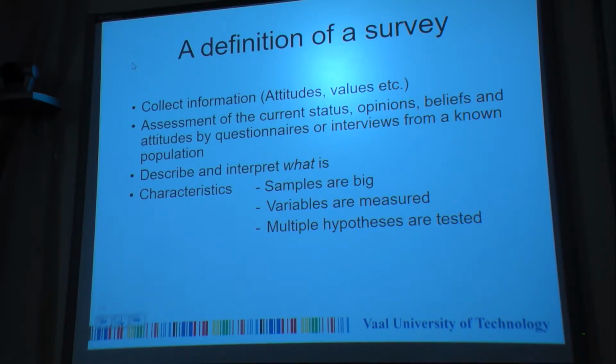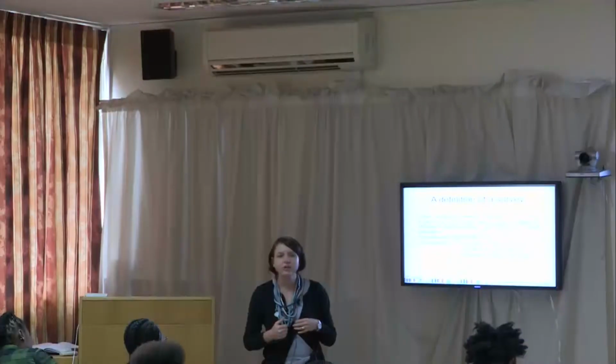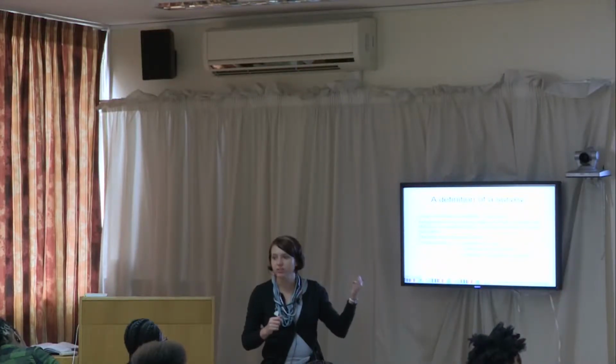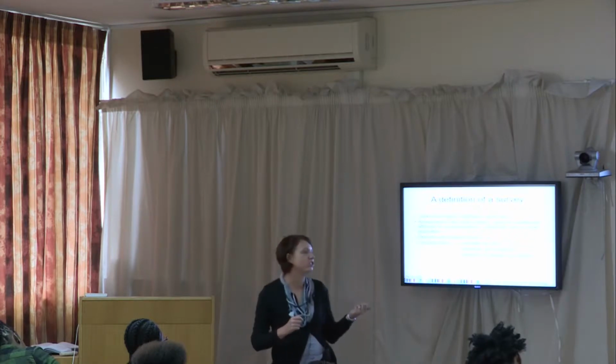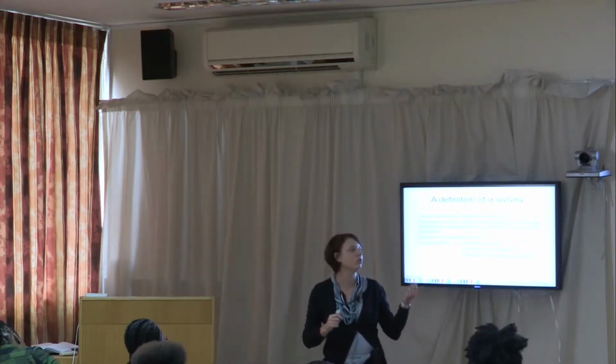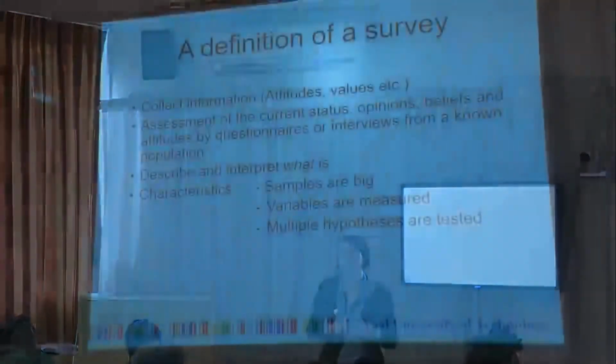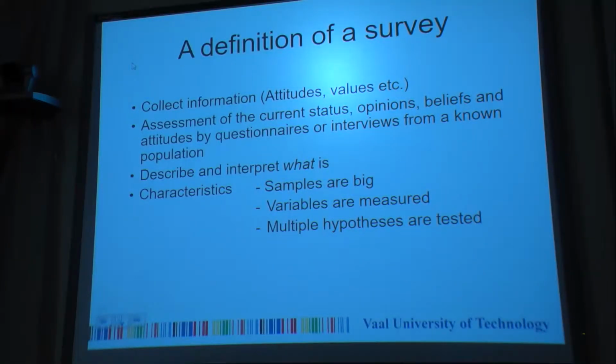So you need to understand what are the variables that I'm looking at and how are they measured, so that you can ask those variables either in the form of a question or in the form of a statement in your survey. And multiple hypotheses can be tested. Statements that you want to prove, or statements that you either want to prove or disprove of, the hypothesis, you can do that by means of a survey.